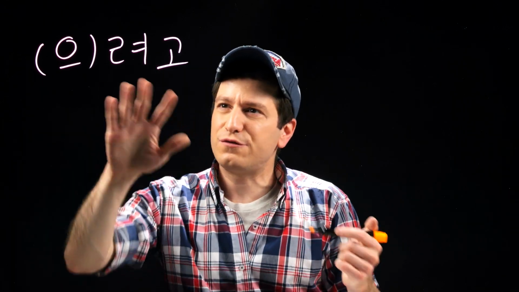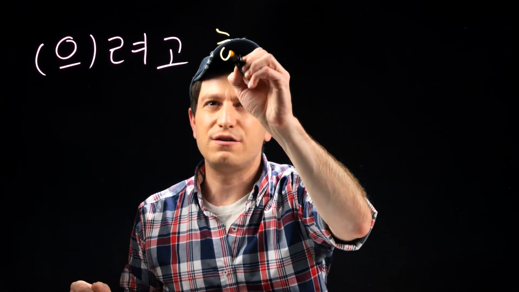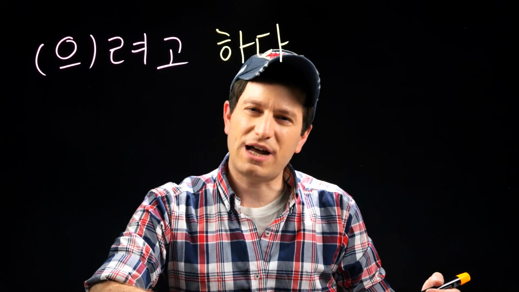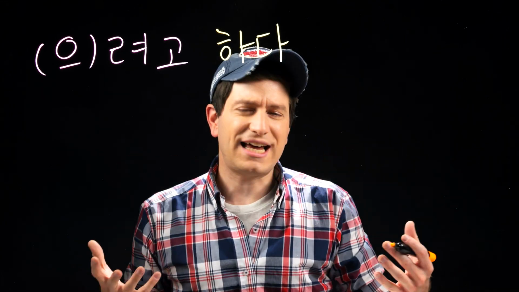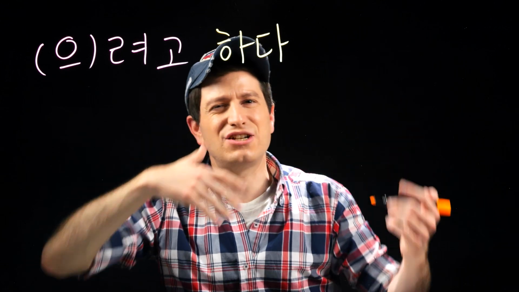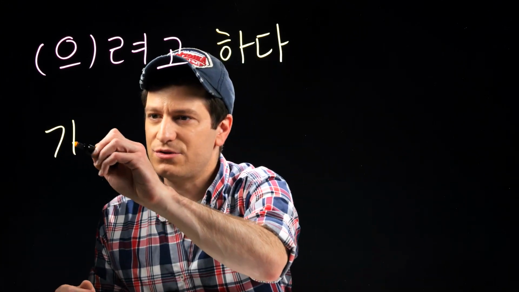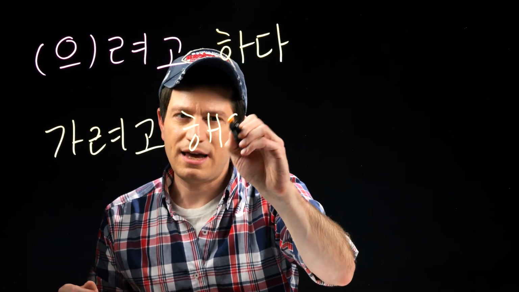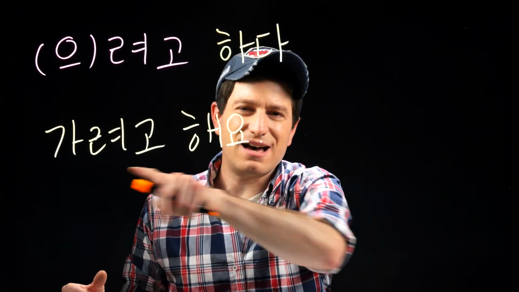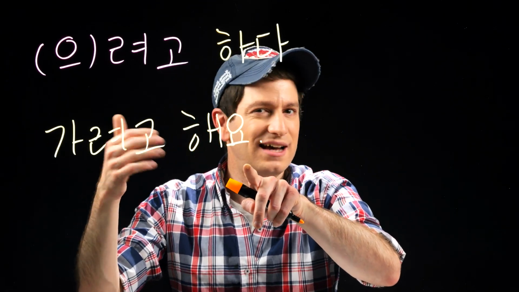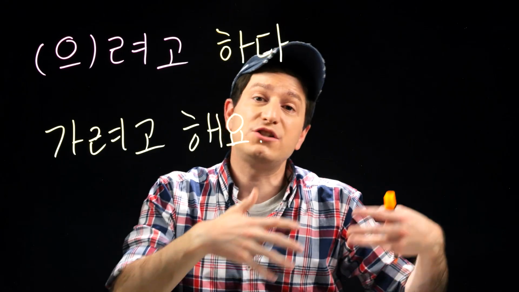Now, normally this form will actually be followed by the verb 하다. It can also be followed by other verbs, but if you follow it with 하다, it means you are intending to do something. So you can make a sentence really simple, 가려고 해요. So I am intending to 가다. I am intending to go, so I'm going to go.